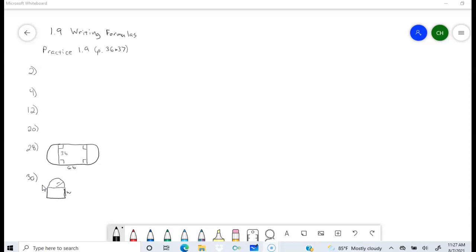The work done, W, equals the force applied, F, times the distance, D, the object is moved. It wants us to write that in an algebraic formula.